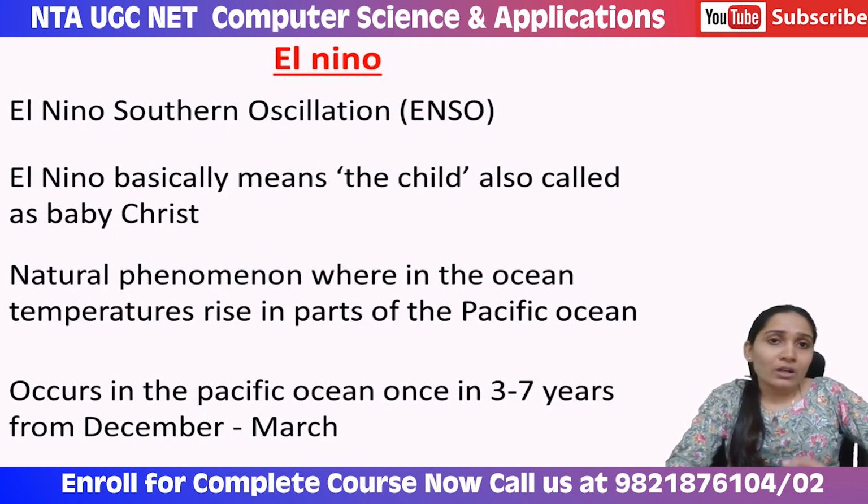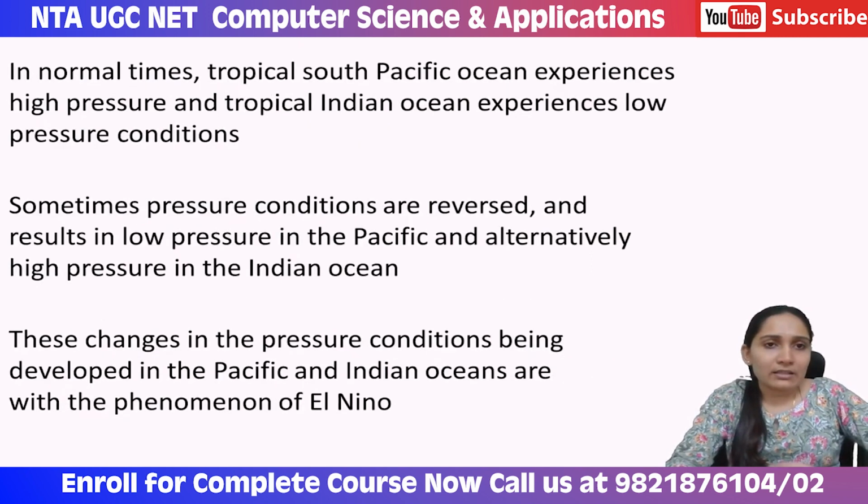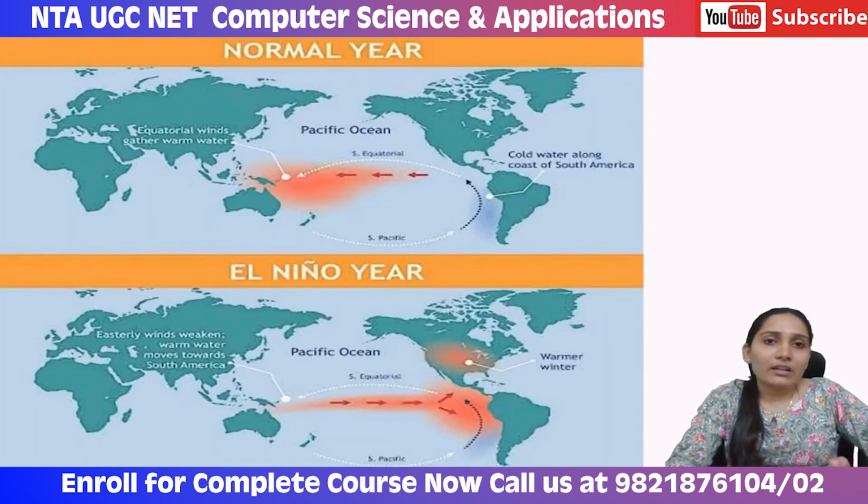Then El Nino, yesterday we discussed that in detail as much as possible, and whatever is important for you I have discussed it for you. I hope that is clear for you. El Nino and La Nina also we discussed. We discussed the three scenarios: the normal times, the El Nino and the La Nina. Then we discussed what happens in a normal year and what happens in an El Nino year.